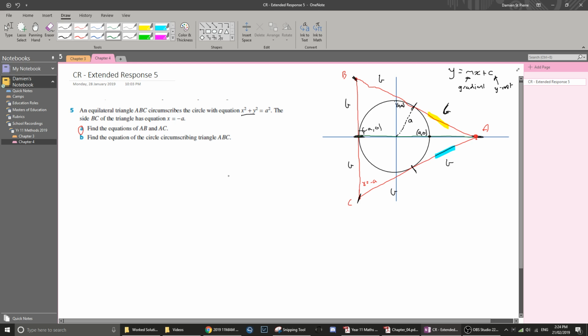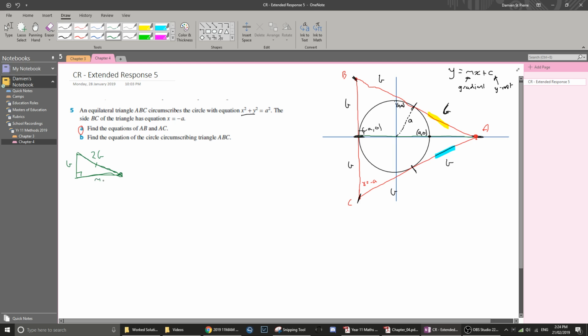Why do I want to find out the length along here? Because if I split this equilateral triangle in half, something that looks like this, right angle, I have one side b there. This side along here is actually 2b, because it was b there. And this is the equation of the line I want to find. I want to find the equation of this line.